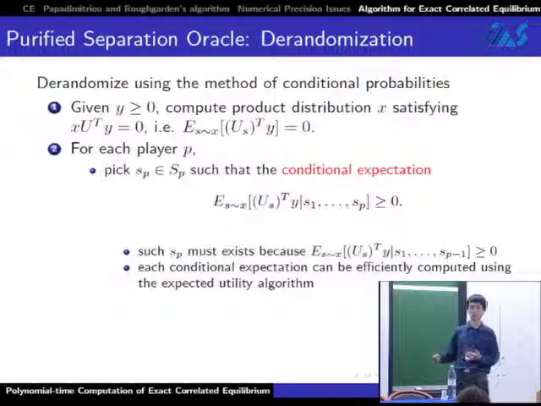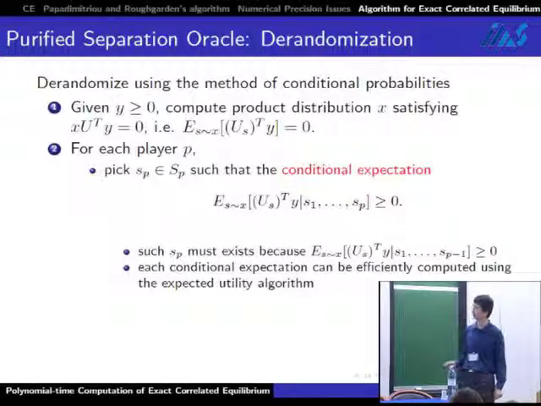Then we go through each player in sequence from 1 to n. For each player, we pick a strategy such that the conditional expectation remains non-negative. What is this conditional expectation? It is the same expectation as before, conditioned on the choices we have made so far, from player 1 to the current player.